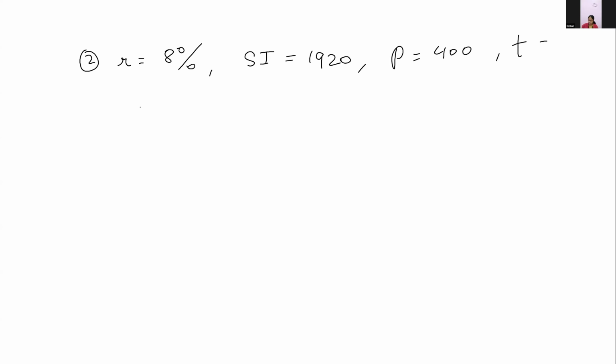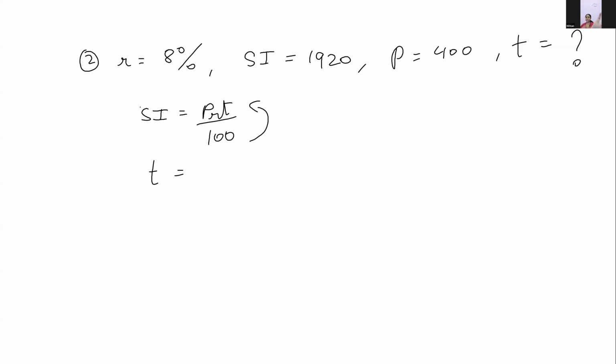So the SI formula is PRT by 100. To find the T, we take the T this side and SI that side. So T equals, now 100 comes up, we reverse it.